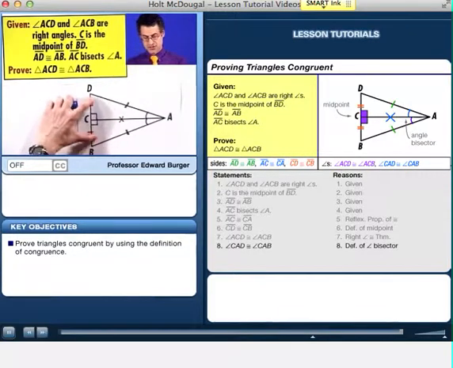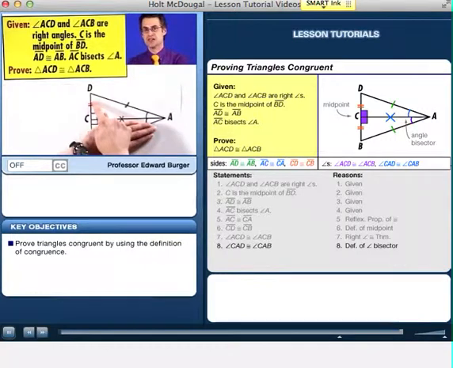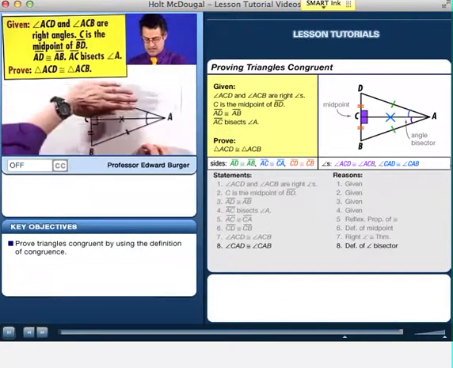What about these two? Well, I don't know anything about these. However, I do know that the sum of the angles of a triangle have to be 180 degrees. I know that this is a blue angle and this is a purple right angle, and so therefore if I add these two up, I know that this angle will be 180 degrees minus that sum. Now let's take a look at this triangle.